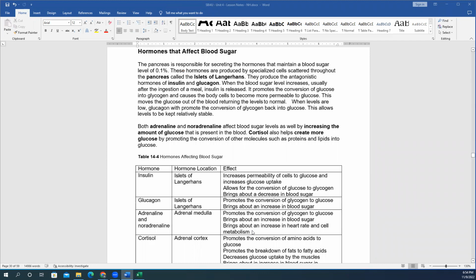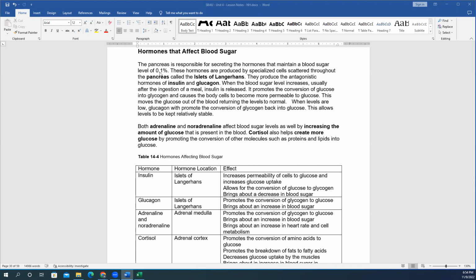So we touched on how hormones can affect blood sugar levels. And really at the center of this is the pancreas. The pancreas is the organ responsible for secreting those hormones that help to maintain our blood sugar level around that all-important 0.1% level.